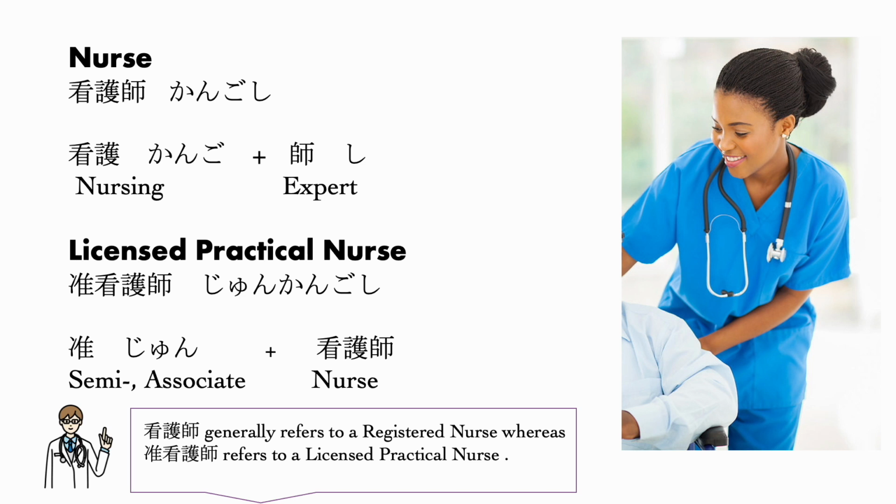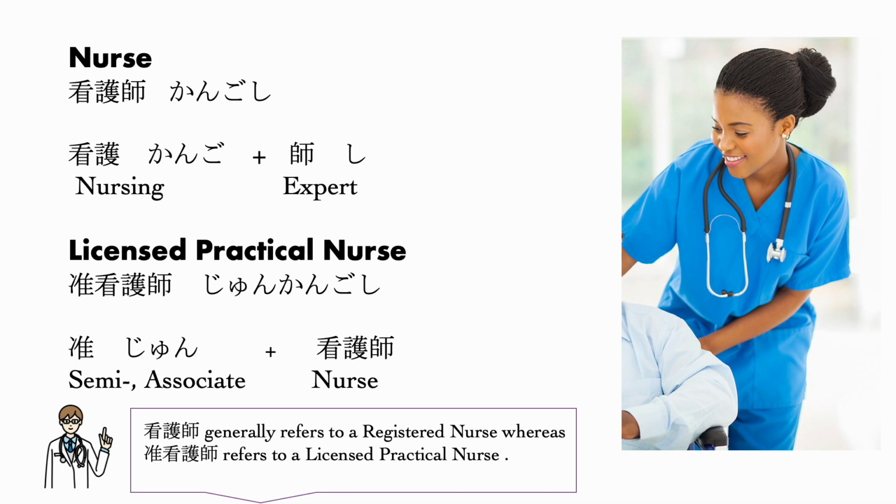Breaking the kanji down, we have the kanji jun, which means semi or associate, and together with the word kangoshi, which we just covered, making semi or associate nurse, which is jun kangoshi, or a licensed practical nurse. And just a quick tip, kangoshi generally refers to a registered nurse or an RN, whereas jun kangoshi refers to a licensed practical nurse.